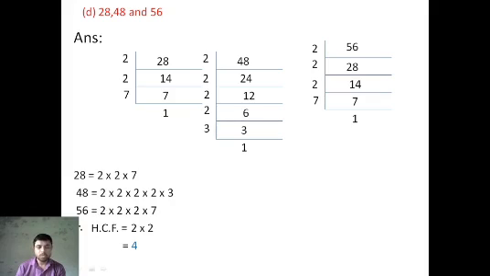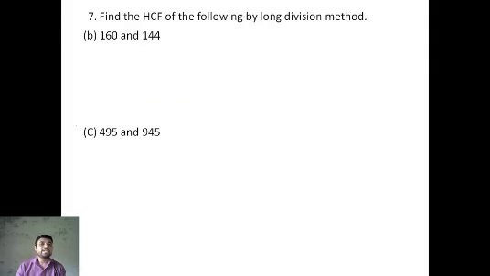Now find the HCF of the following by the long division method. Look, we have learned 3 methods. First listing factors, next prime factorization, and now long division. Just keep this in mind: when nothing is specified and it only asks you to find the HCF, you can use any method.